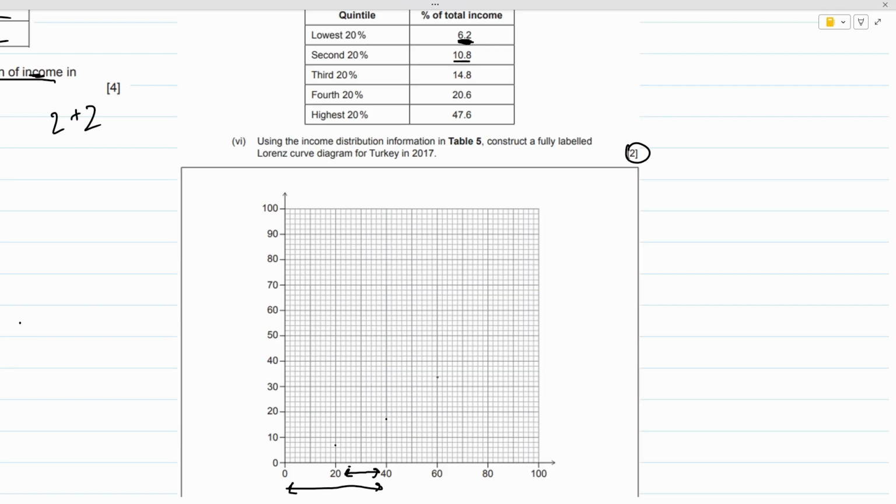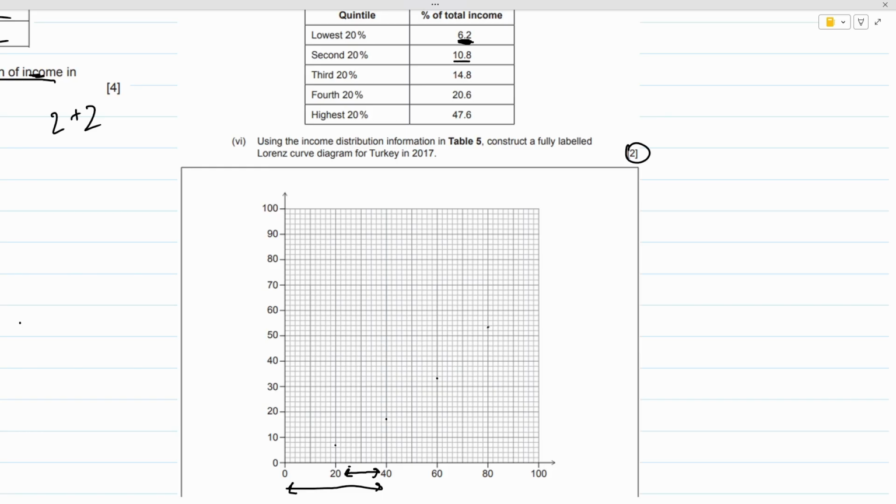So closer to 32 out here. Now you're adding 20.6 for the fourth 20%. You get 52.4, somewhere in the middle here.